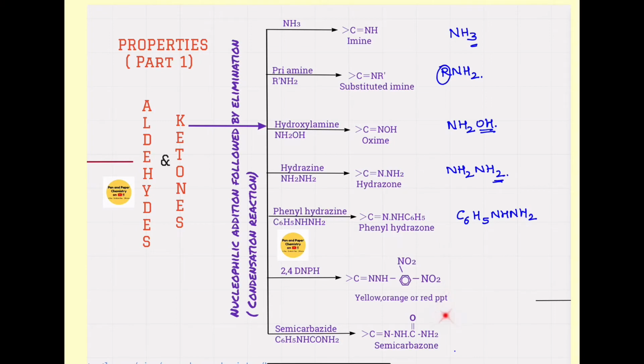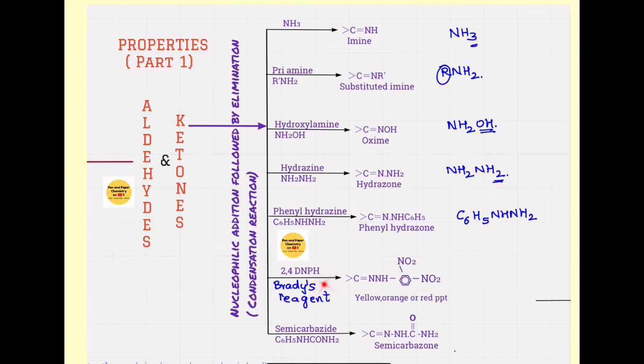So now coming to the last two parts, 2,4-DNP, 2,4-dinitrophenylhydrazine, very long name, right? Don't worry. In short, it is also called Brady's reagent, and this is the one which is used to test carbonyl compounds in the laboratory as well. In short, we are calling it 2,4-DNP or 2,4-DNPH.